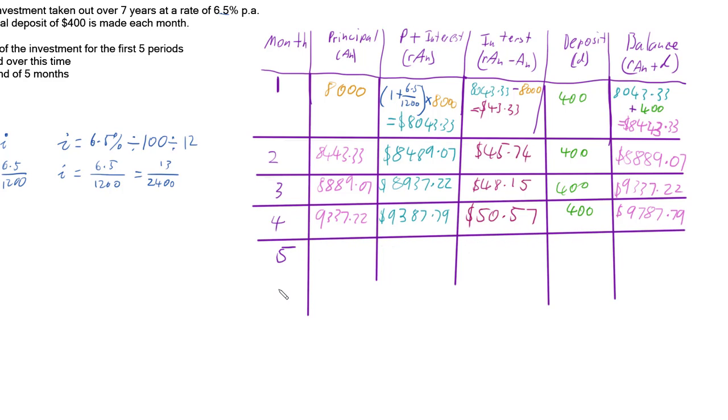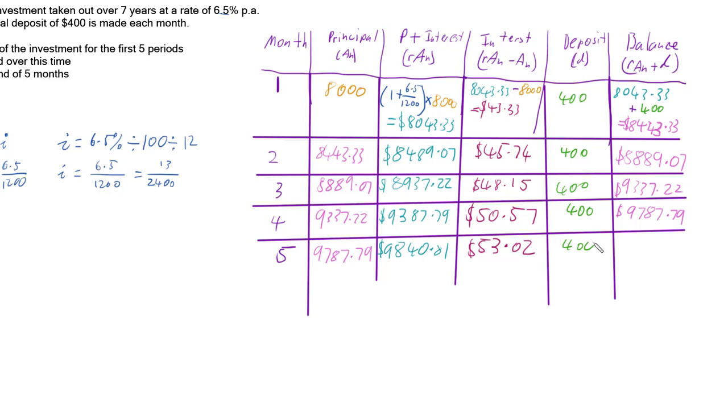So our fifth period, we're starting it with $9,787.79. We multiply by 1 plus 6.5 on 1200 to get our principal plus the interest. So we have $9,840.81. Subtract the principal off of that number to work out how much interest the bank is paying, so $53.02.